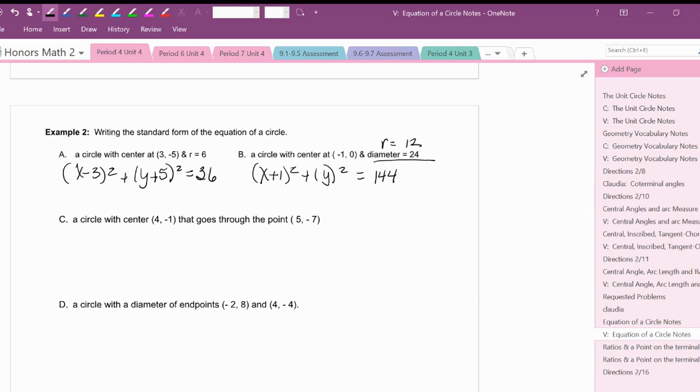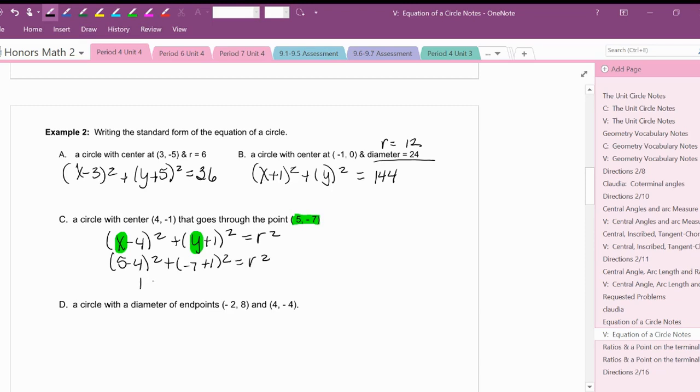This next one, we have a circle with a center at 4, negative 1, so that's what we'll start with. X minus 4 squared plus y minus a negative 1 squared equals r squared. And now we'll use the extra information, and it goes through points 5, negative 7. So we substitute in 5 and negative 7, and then we solve for r squared.